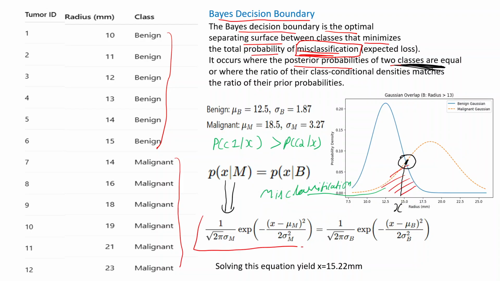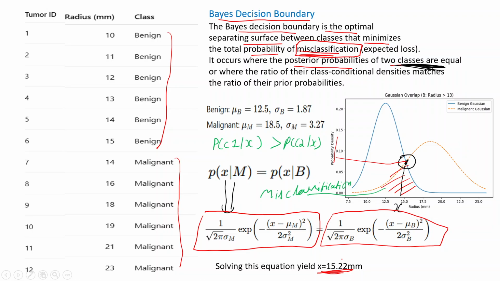This is the probability density function with respect to the malignant case, and similarly the probability density function with respect to the benign case, because this y-axis is a probability density function. At this point both values become equal. When we apply the values and solve this equality for the x value, we get the x value as 15.22 mm.